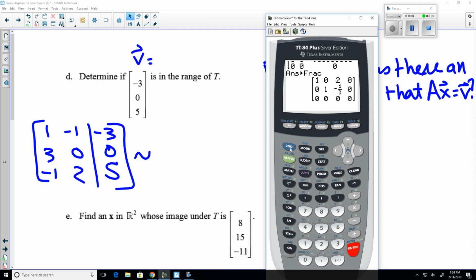You picked A, and it was a 3 by... Okay, let me go back and look at A. That's not A. Look at B. I don't know what happened.